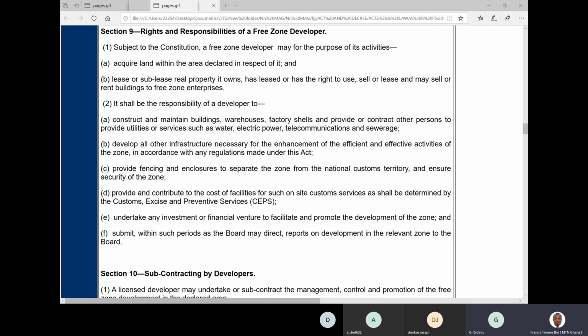So you go there, there are customs officers, and anything that happens at the port happens the same way in the free zone. So the essence is for us to ensure that it is protected from the national customs territory. And then we have to ensure that where taxes are supposed to be paid, they are paid.